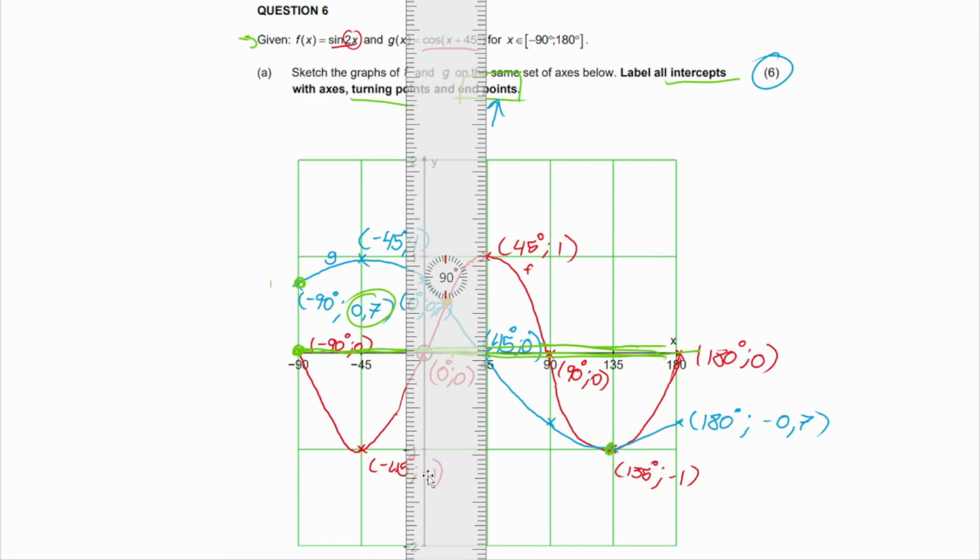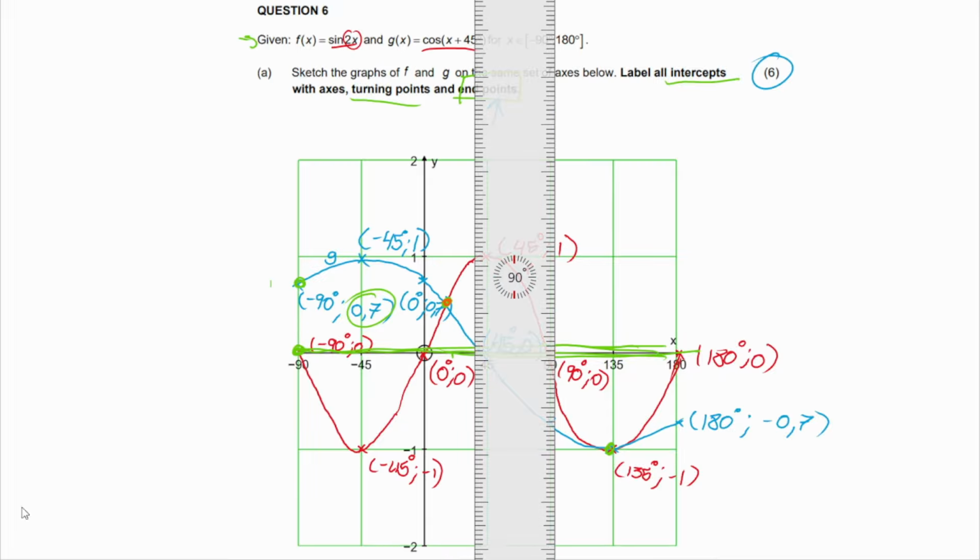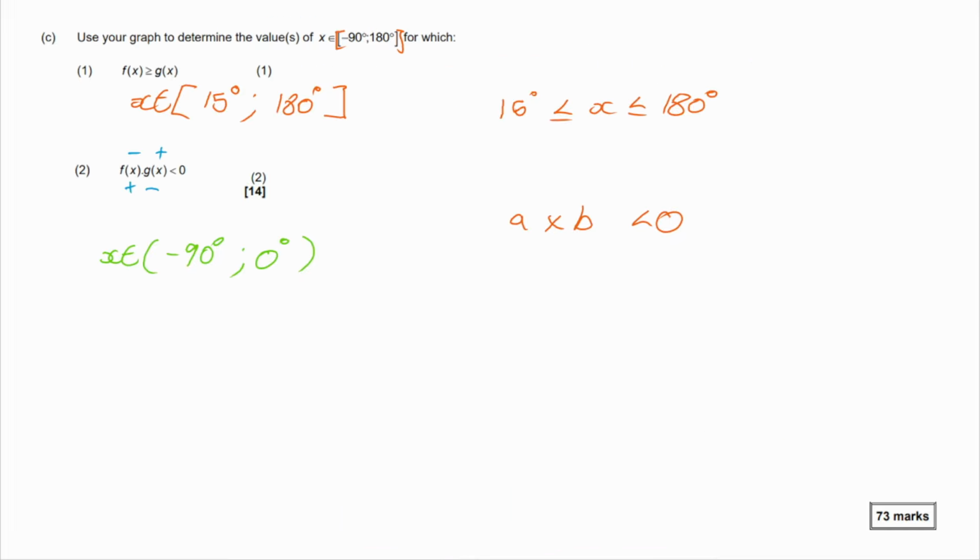But again, we cannot include that 45 because it is 0 over there. So it's going to be 45 up until 90, and we cannot include the 90 because it's also equal to 0. So when we answer, we're going to say union. Basically we cannot include the 45 degrees and we cannot include the 90 degrees. That's why they are round brackets. So that would be our answer over there.